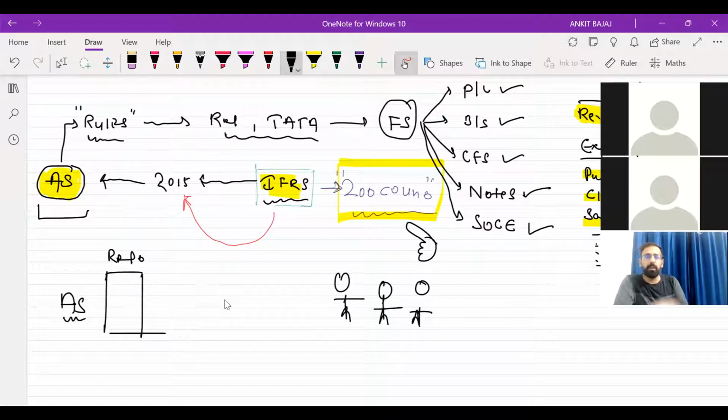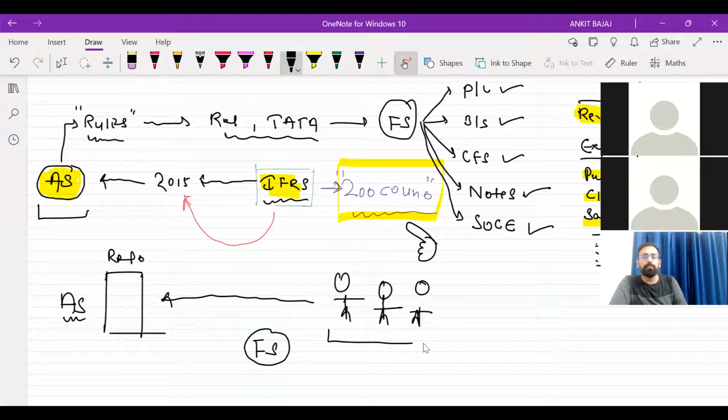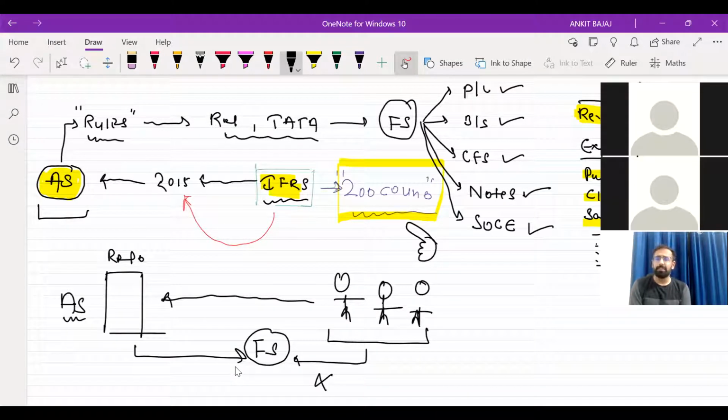But I am a foreigner, I have learned IFRS, and I have never learned accounting standards. It will be very difficult for me to read the financial statements of Reliance Limited. Why? Because they are following a different set of rules.